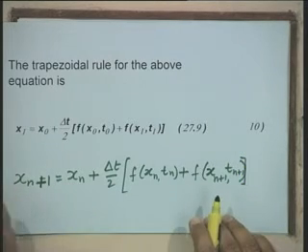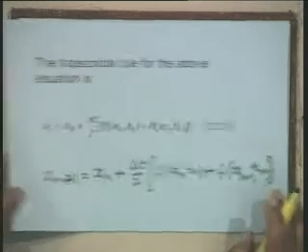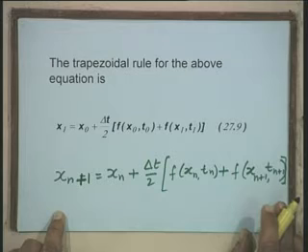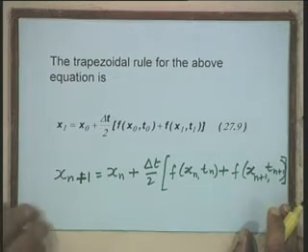This is the algorithm, but I think you appreciate that you have to solve this nonlinear algebraic equation using again numerical methods. This is what I have just written here.